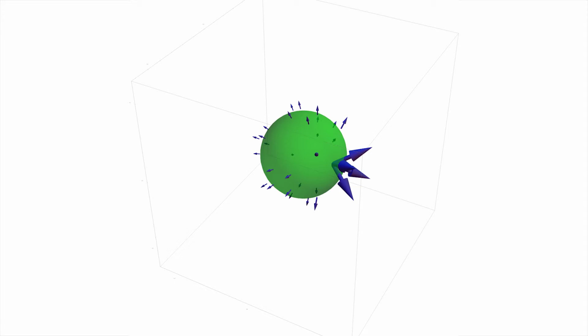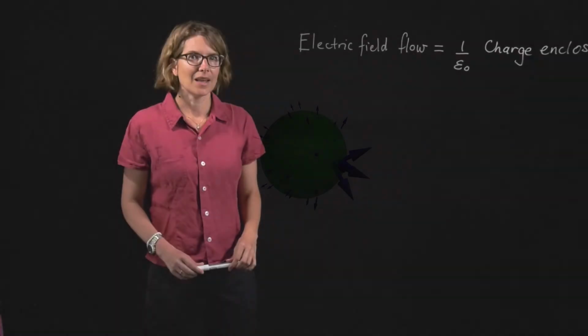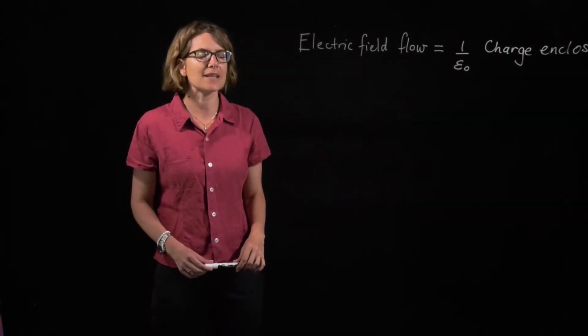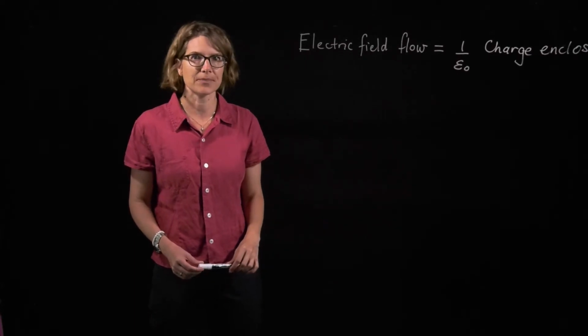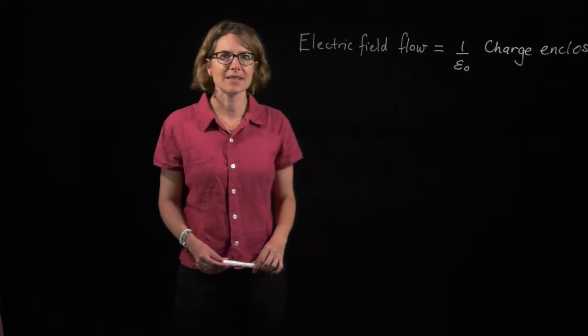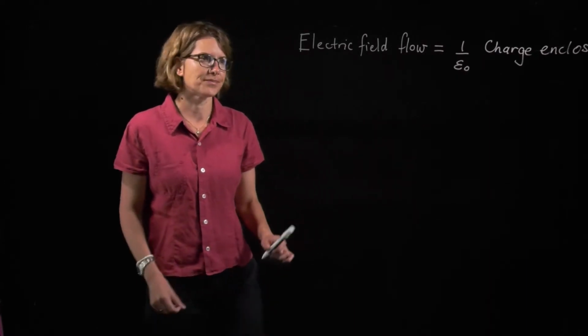The arrows show the strength and the direction of the electric field. You can see how the electric field is flowing out of this particular sphere. Now, the sum of the flow through the surface has a very specific term in physics. It's called the flux, and we're going to calculate it with a surface integral.